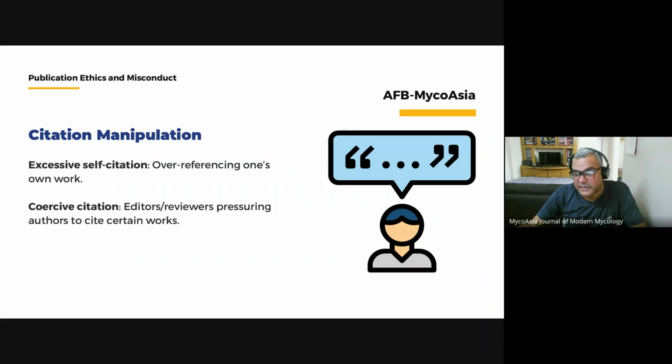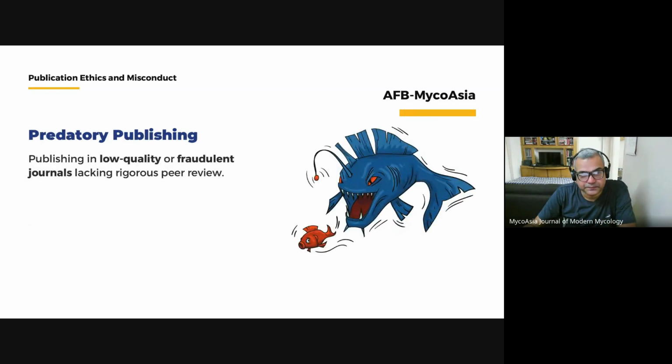Same with the editors. Editors will say, please cite 4 or 5 papers from our journal. So this is coercive citation. These are 2 kinds of citation manipulation: one is excessive self-citation, the second one is coercive citation.